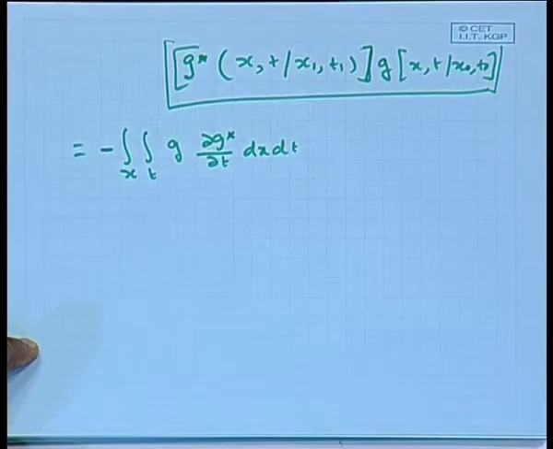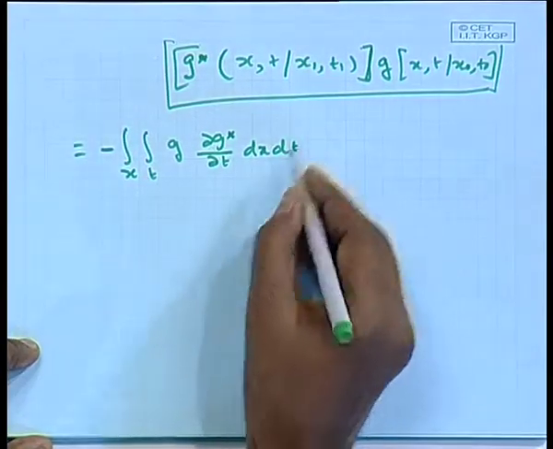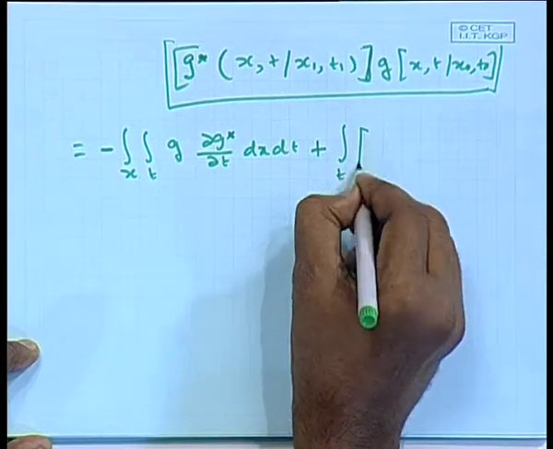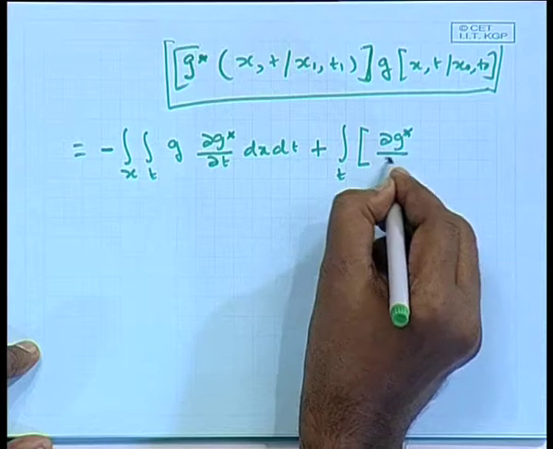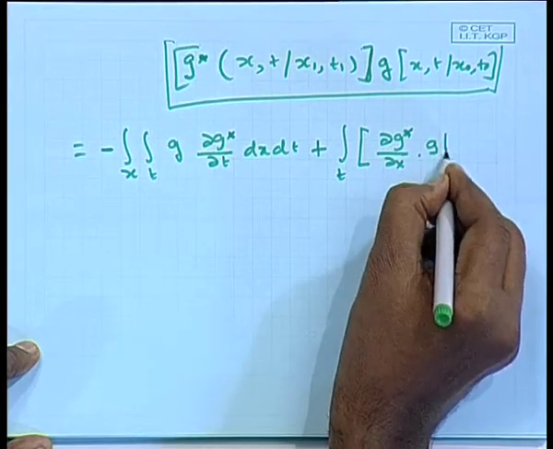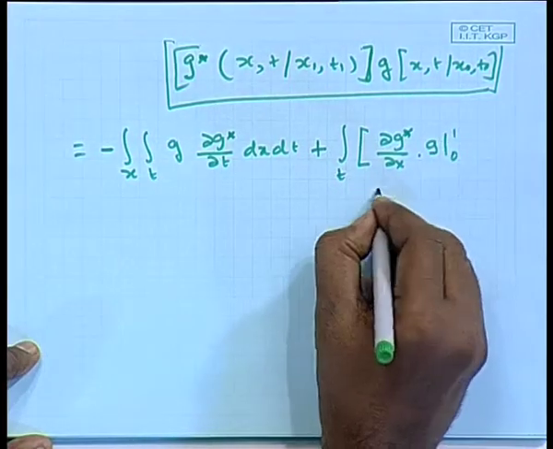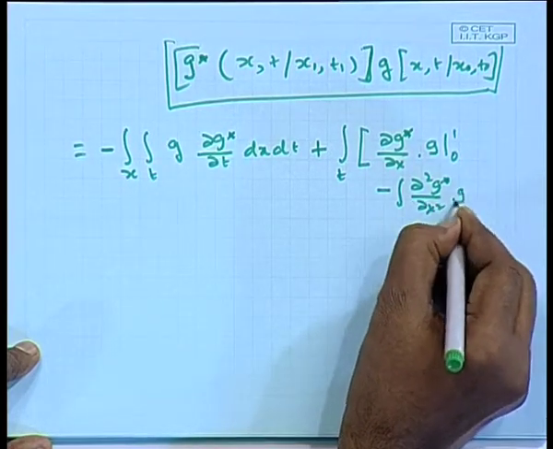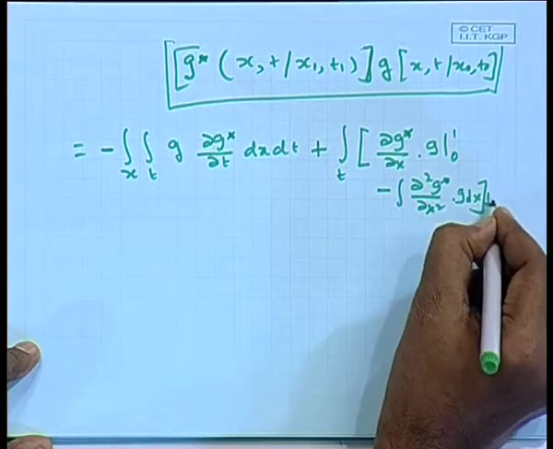You convert all the terms of the dependent variable associated with your operator g to g star. If you do that, then what you will get is plus minus minus plus t del g star del x times g, x equal to 0 to 1, minus del square g star del x square times g, dx, bracket close, times dt.